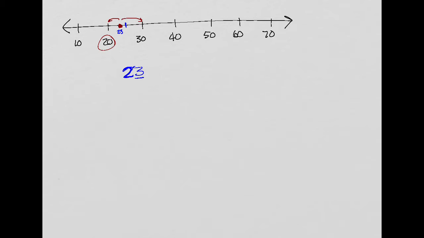If the 3 is a 0, 1, 2, or 3, it's going to round down. And to do that, you leave this number how it is. You replace the 3 with a 0, so it becomes 20. And that's it. So you're trying to figure out which number it's closest to if you count by the value you're given.